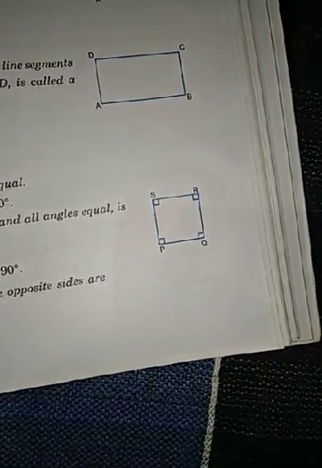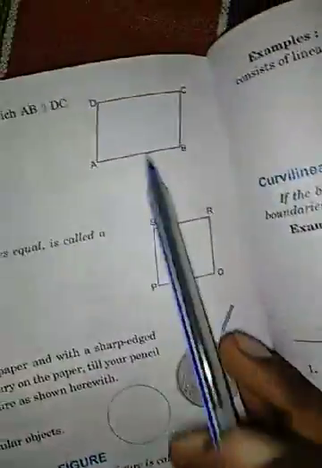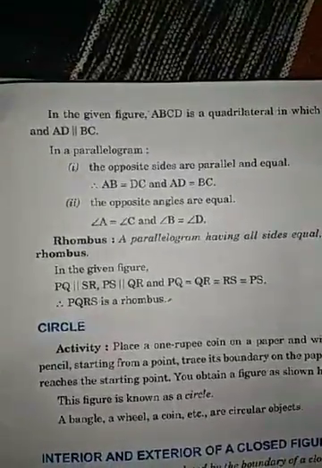Now another type of quadrilateral, the parallelogram. A quadrilateral in which opposite sides are parallel is called a parallelogram. In this quadrilateral ABCD, opposite sides are parallel: CD parallel to AB, AD parallel to BC.